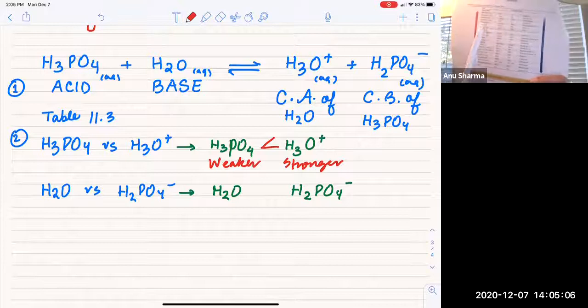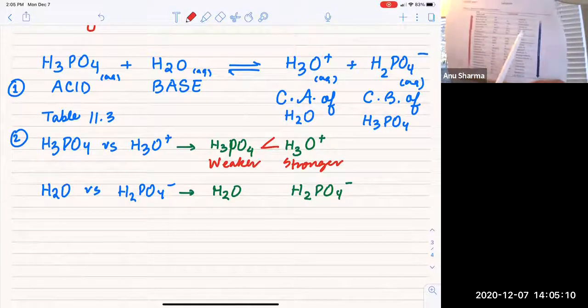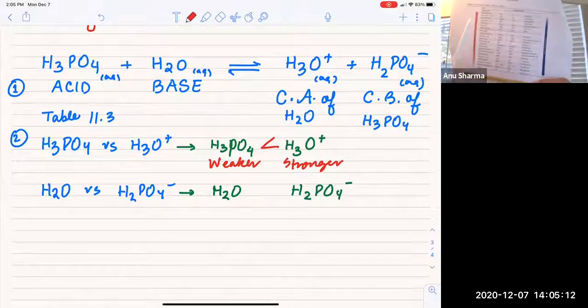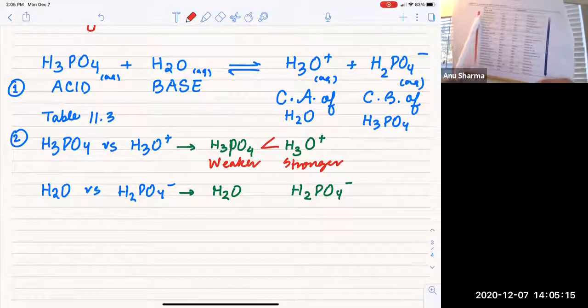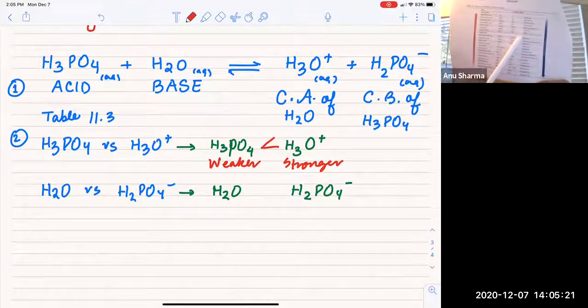Here's the interesting part: water is found on the acidic side and also on the basic side. If you're comparing an acid, look at the conjugate acid. If you're comparing a base, look at the conjugate base.